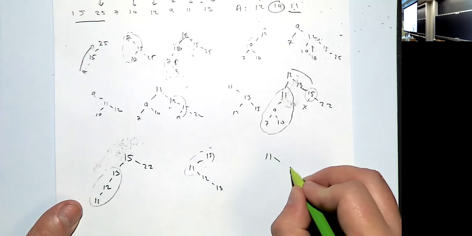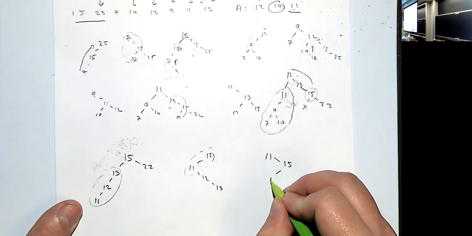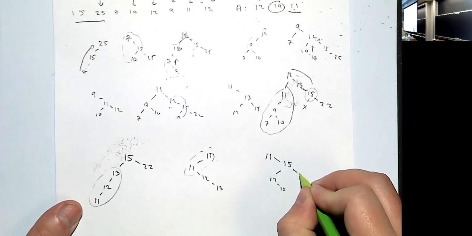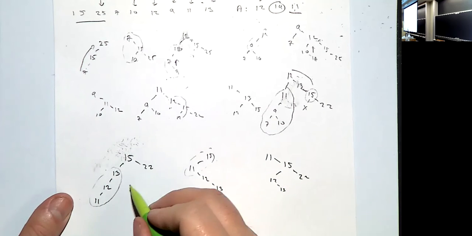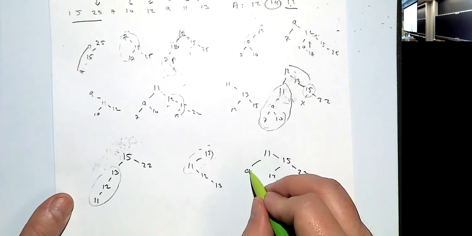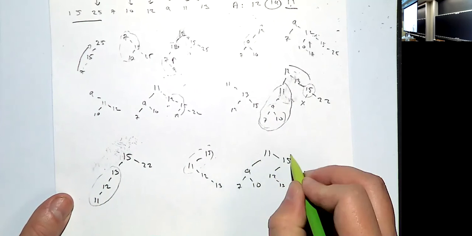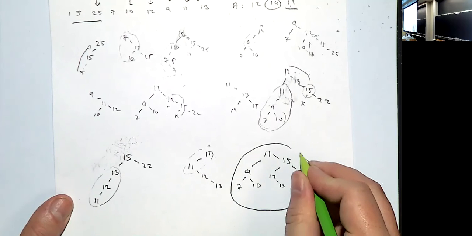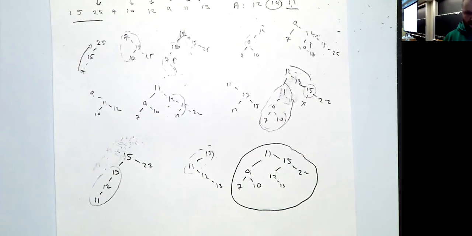So this would be 11, 15, 12, 13. We have 25 over here. And then we had over here to the left was 7, 9, and 10. So this would be 9, 7, and 10. And this is going to be the final splay tree.